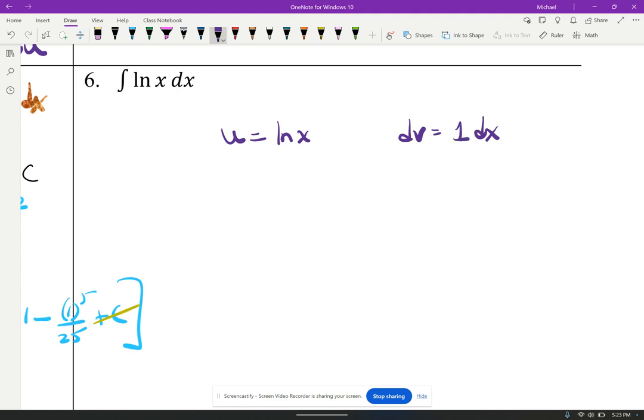And so now when I take the derivative, this would be du, that would be 1 over x dx. And then when I take the antiderivative here, that would be x. Now I can say that the antiderivative of the natural log of x is multiply u times v, so that's x times the natural log of x, minus the integral of v du.